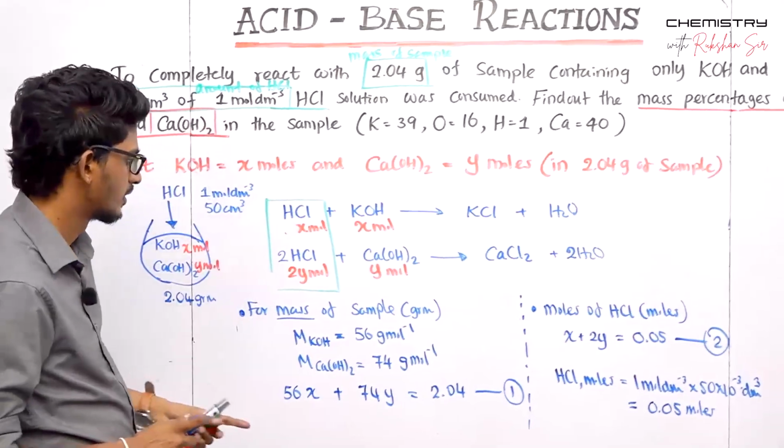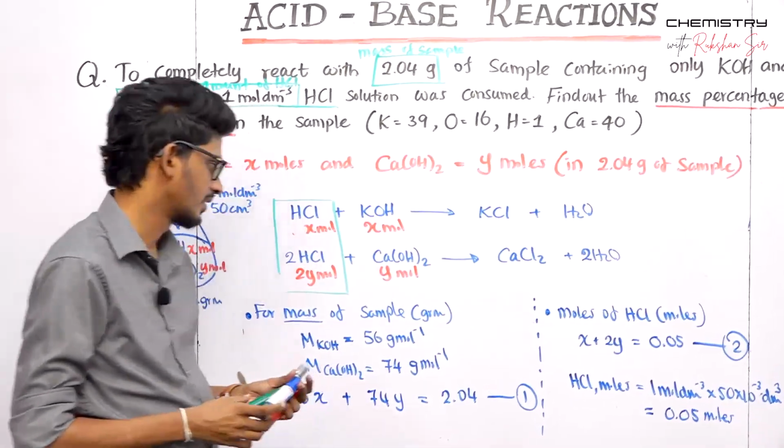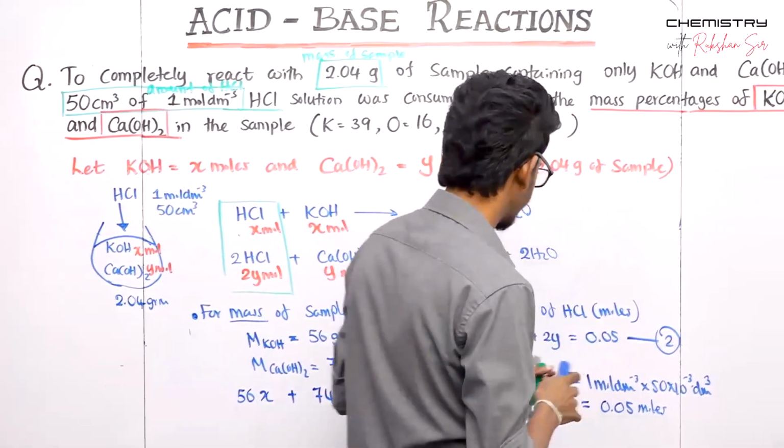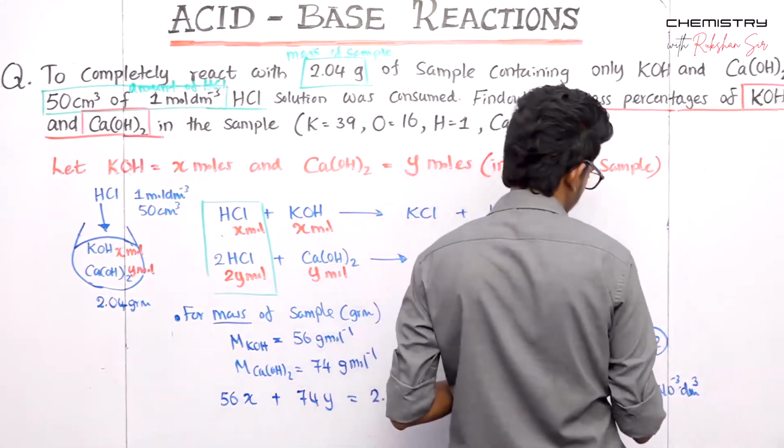So now we need to solve for these two unknowns. Let's solve the two simultaneous equations to come up with X and Y. Let's write it here.